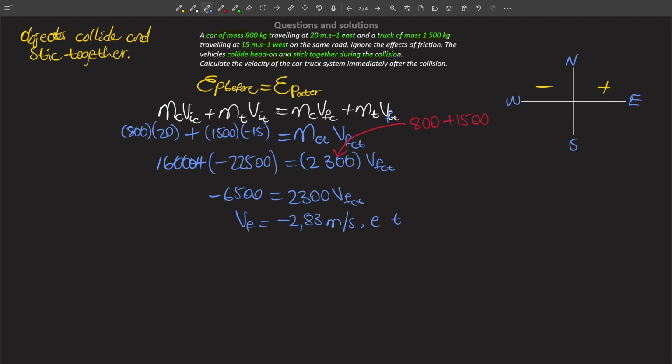The direction will be west, given that I've chosen east as my positive direction.